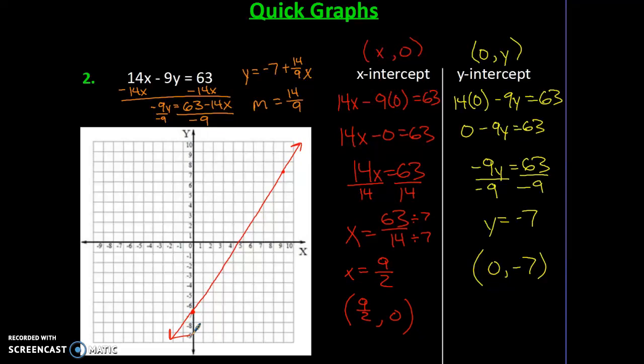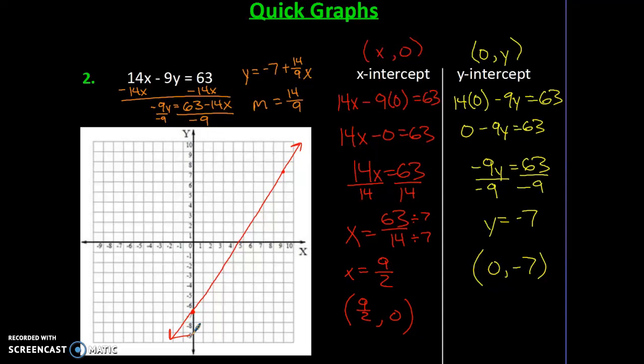Now, in order to check ourselves to make sure that our line does work out with our x and y intercepts. Well, my y-intercept worked out nicely. I plotted that, so I know that is there. My x-intercept was the reason I had to put it into the y equals mx plus b form. So 9 halves. Well, if you think about 9 halves, that number is 4.5, correct? 2 can go into 9 4 times, and I'm left with a half. So 4.5.